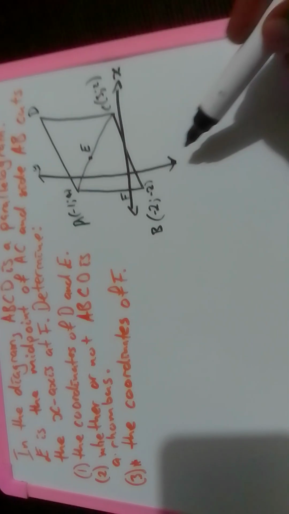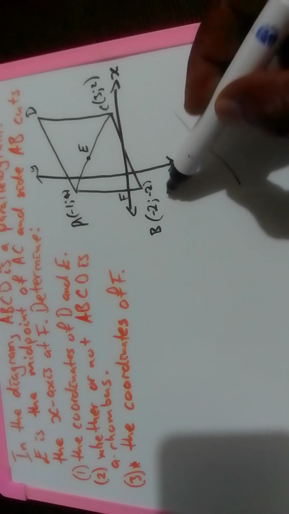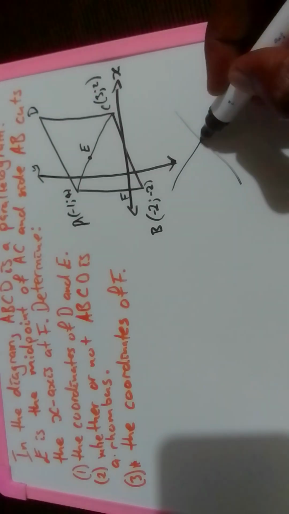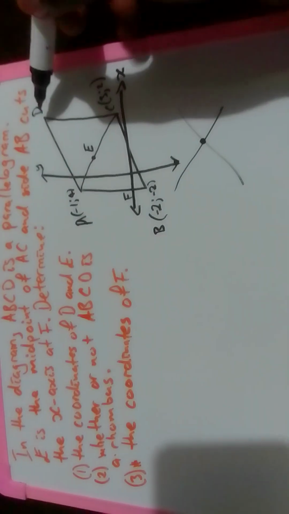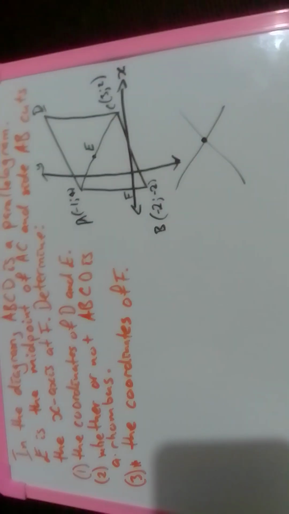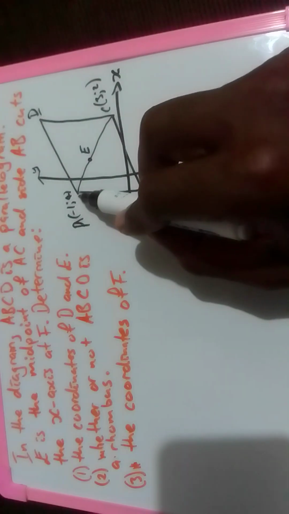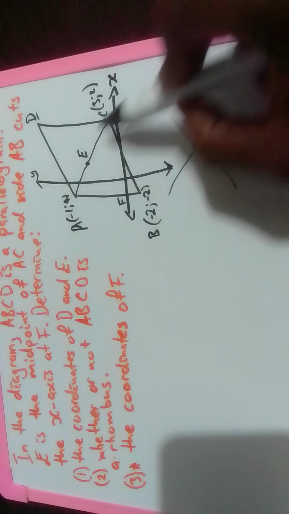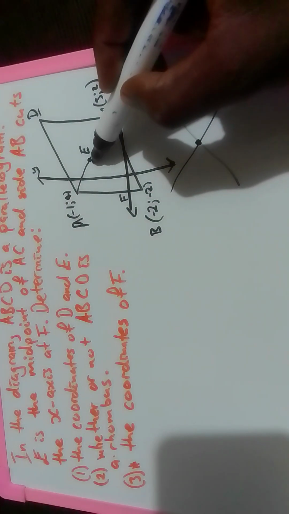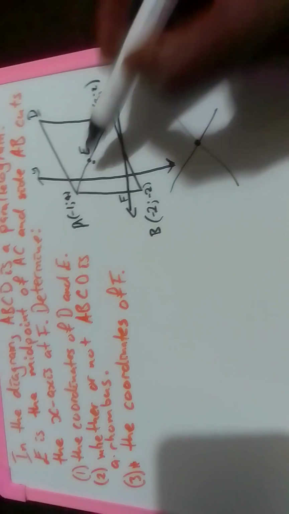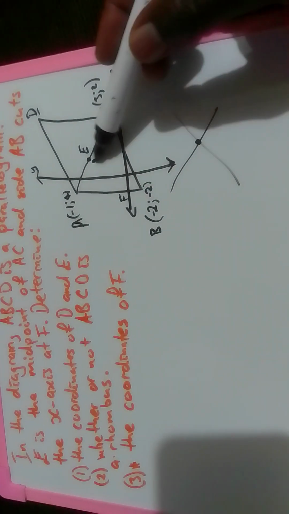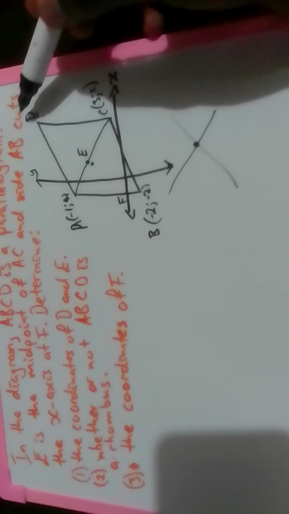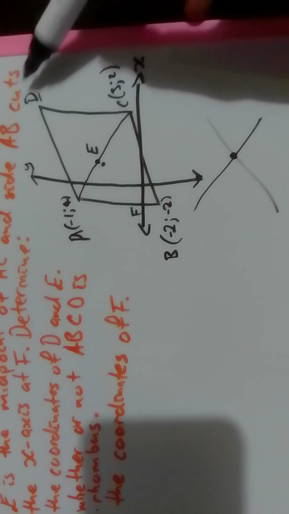If we have a parallelogram, the diagonals meet at a common point. So if we do not have the coordinates of point D, it's fine, but we can use line AC. We must find the midpoint of line AC. When we find the coordinates of this midpoint, we then use the midpoint formula to find the coordinates of point D. So let's do that.